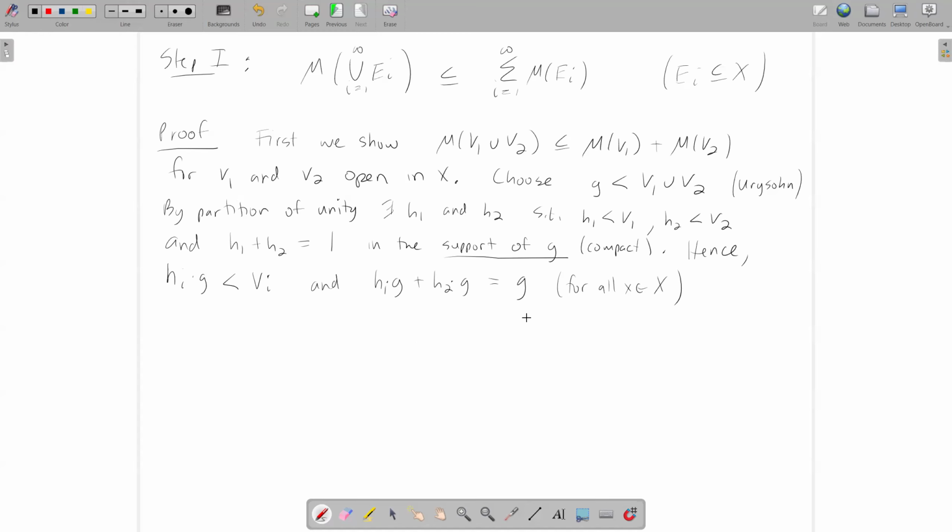So we have that lambda of g is equal to lambda of h1 times g plus lambda of h2 times g, just using basic linearity. Okay. And remember the definition of the measure of an open set.